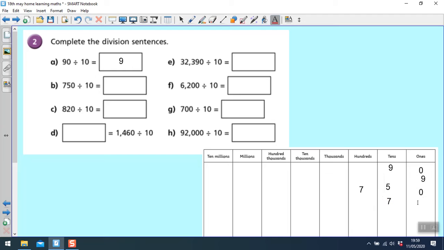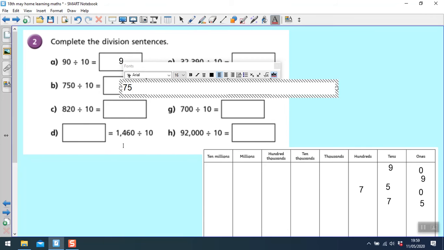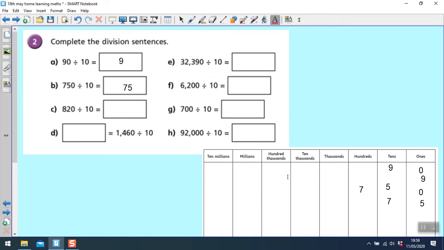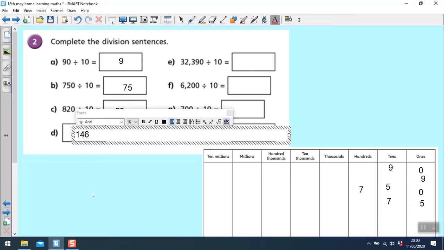It's going to be 7 10s, and my 5 10s is going to become 5 1s. So that is 75. 820 divided by 10, 800 is going to jump to your tens column again, so it's 82. 1,460 divided by 10, so 1 was in my thousands column, it's now going to be in my hundreds column, which is 146.